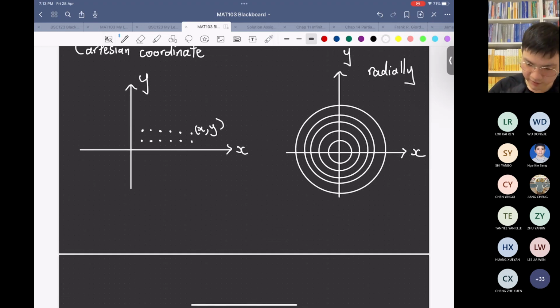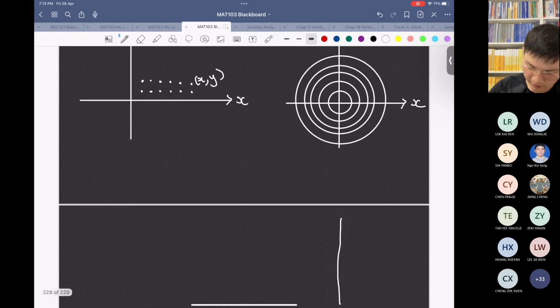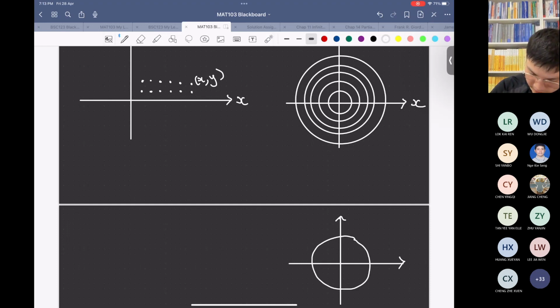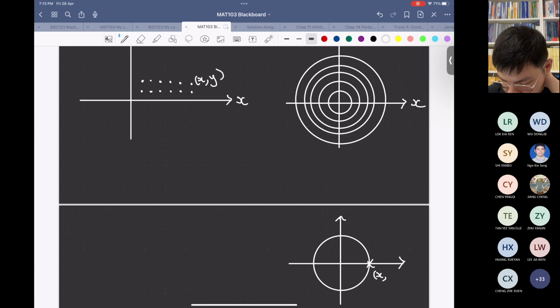Let's look at a point on the unit circle. So in xy form, what is it? Let's say this is a unit circle.